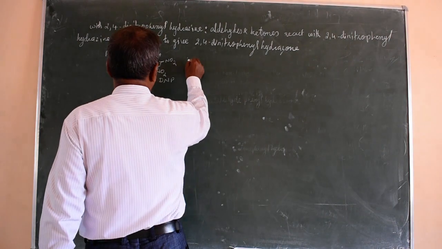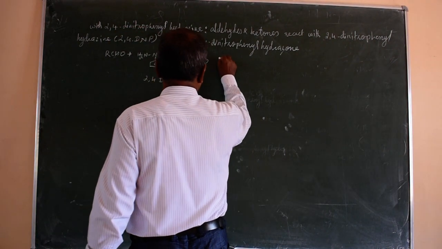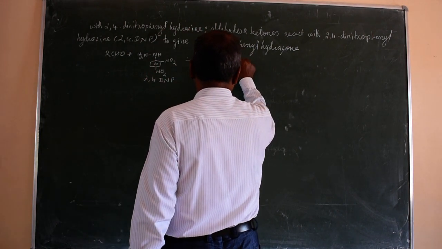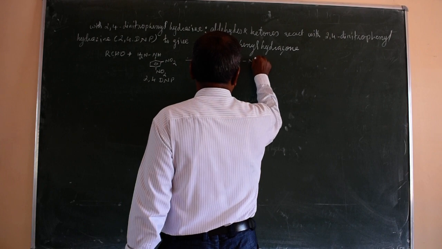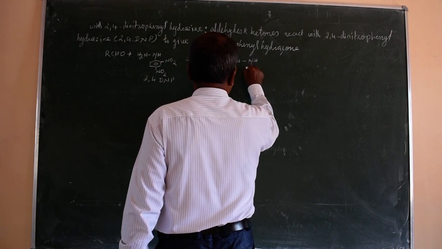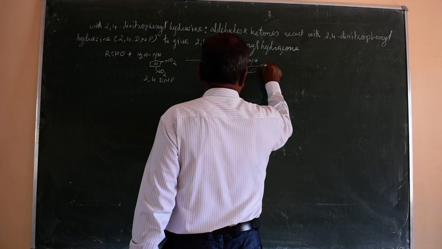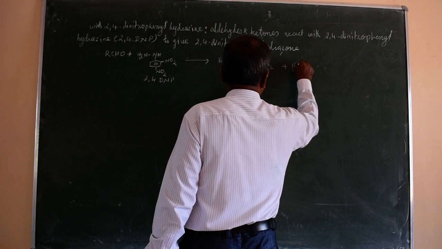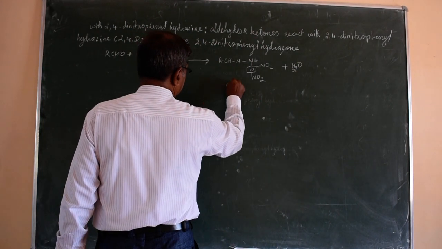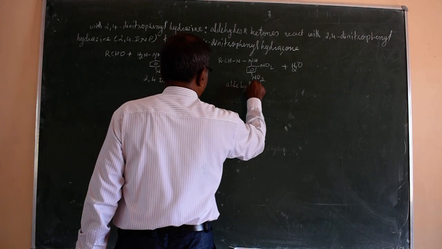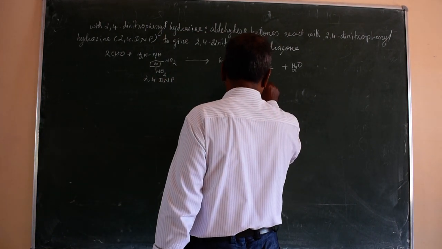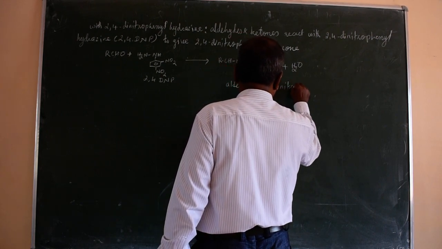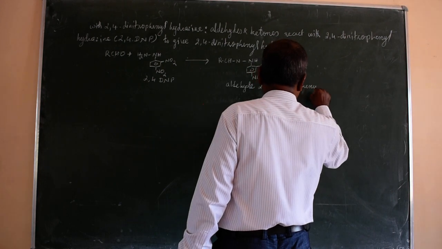The product is a crystalline precipitate, orange or sometimes yellow-orange, of 2,4-dinitrophenylhydrazone. So the product is aldehyde 2,4-dinitrophenylhydrazone.